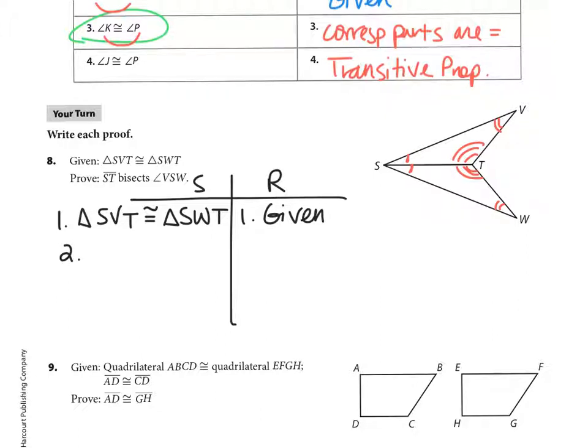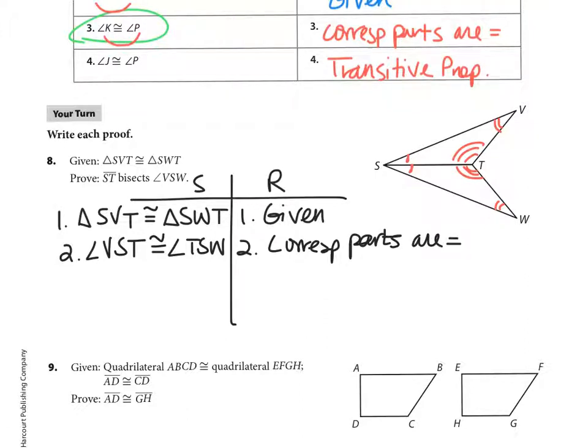So my step 2 is to say that angle VST is congruent to angle TSW. And the reason there is that corresponding parts are congruent. All right, and now that I know that those are congruent, I can go ahead and say that the statement they're asking me to prove is true.